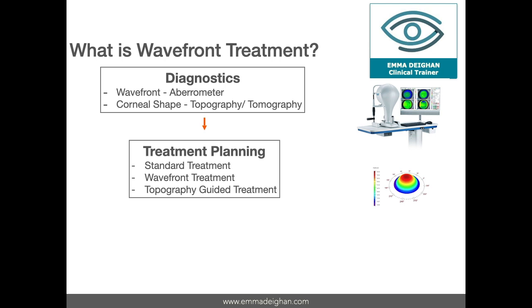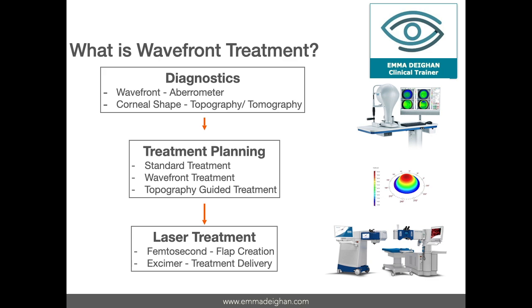But essentially, if the treatment is just typed into the laser as a sphere and a cylinder, that is a standard treatment. If you are going to treat the wavefront, that is a wavefront treatment. And if you are going to smooth the cornea using topography, that is a topography guided treatment. Then you obviously need a nice laser to create a flap maybe, and then to deliver the treatment.